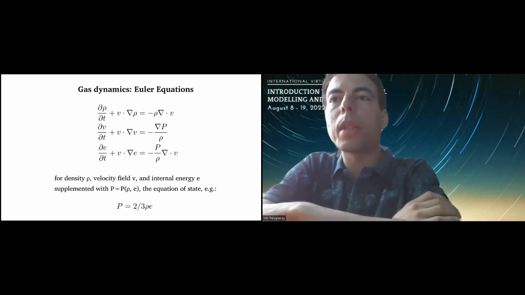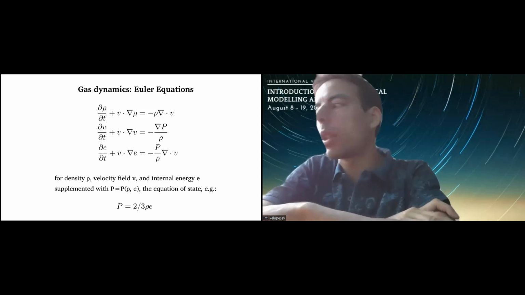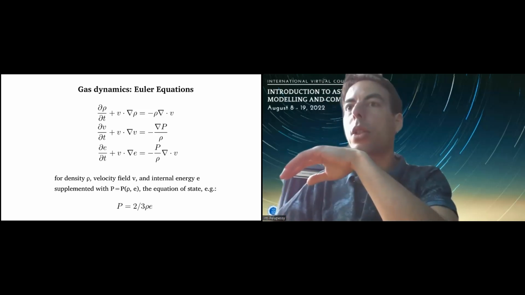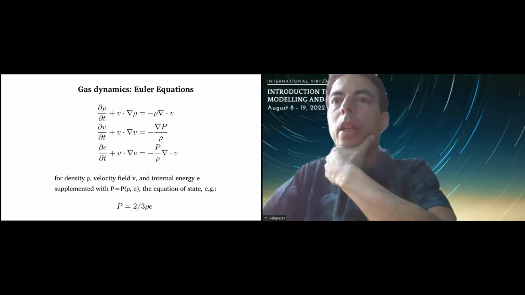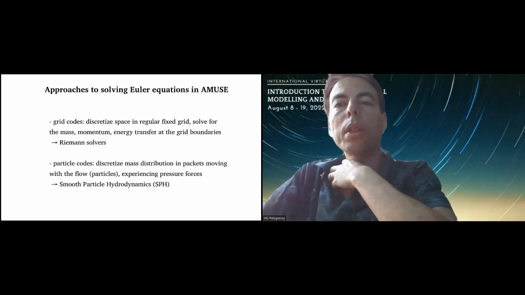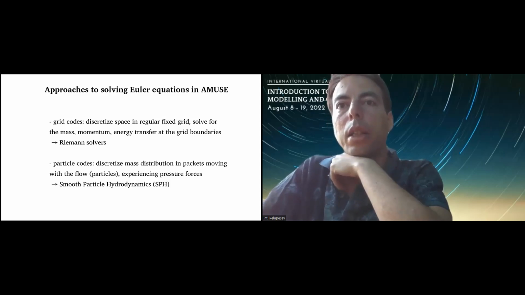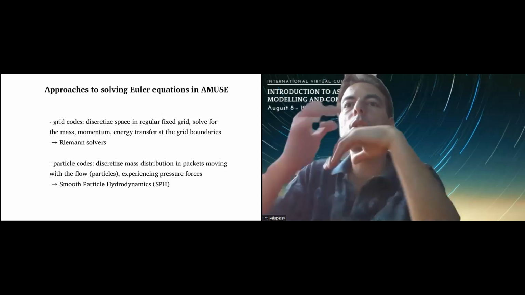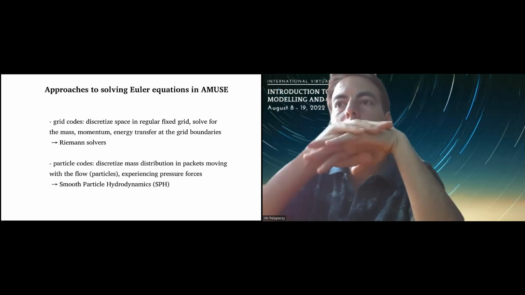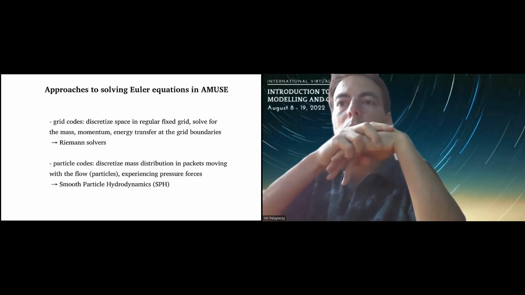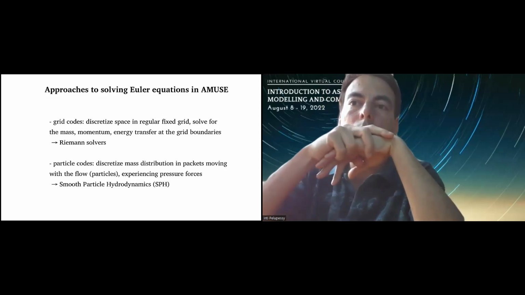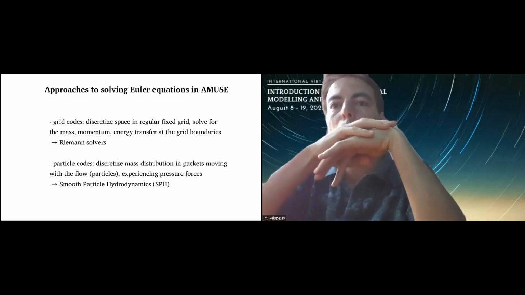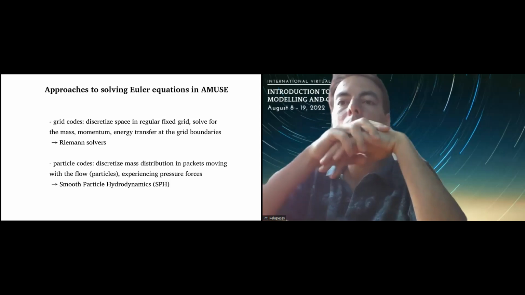The two additional domains included in AMUSE are gas dynamics and radiative transfer. In gas dynamics, there are two types of codes. There are grid codes, which discretize the space in regular fixed grids, and there are particle codes, which discretize the mass distribution in packets moving with the flow.